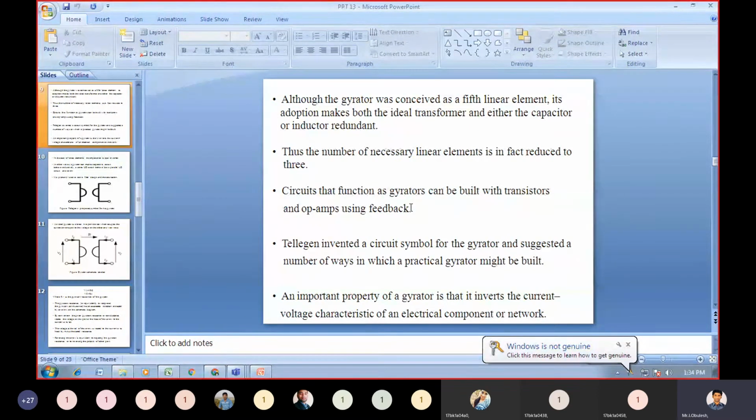You need to remember: an important property of the gyrator is that it inverts the current-voltage characteristics of an electrical component or network.